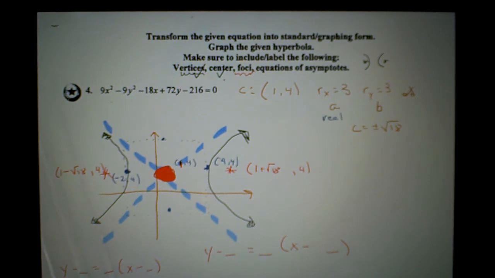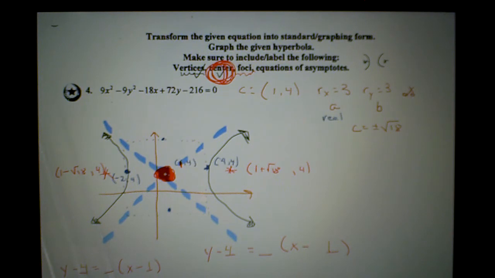Why, it's the center. So both of these equations are going to have the center. This blue line goes through the center, 1, 4, and so does this slant asymptote go through 1, 4.